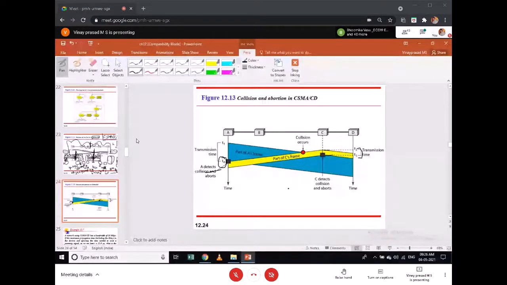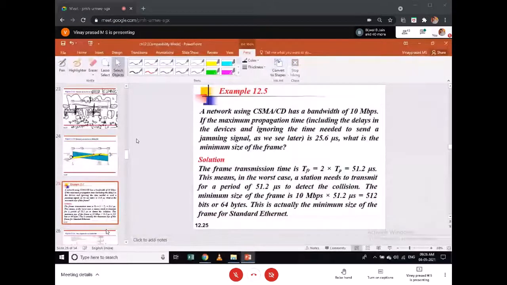Okay. There is a simple example here. In a CSMA/CD network, the bandwidth is 10 Mbps and the maximum propagation time TP is 25.6 microseconds. What is the minimum size of the frame you need in CSMA/CD? They have given the TP and we know that L should be greater than or equal to 2 TP into bandwidth.